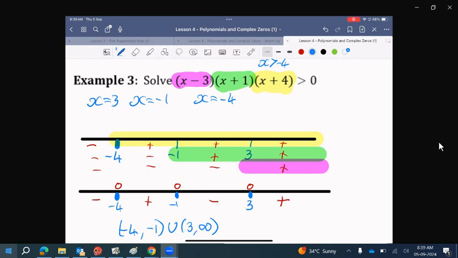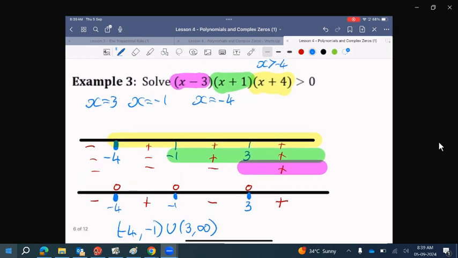Then we consider the green one. In the different intervals, it's going to be negative, negative, positive, positive. And then the x minus 3, the red one, is going to go negative, negative until we get to 3, and then it will go positive. So we're interested in the result. For instance, in this first interval, we're putting in numbers that are less than -4.